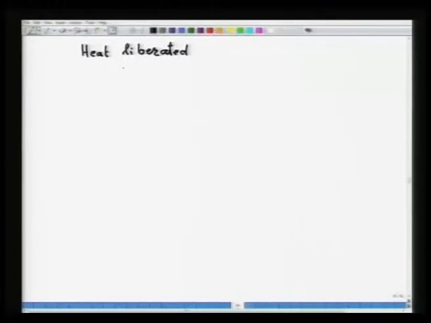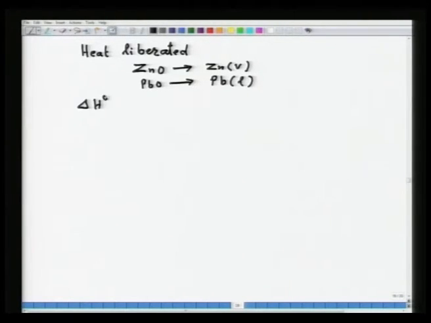So, heat liberated for ZnO to zinc vapor and PbO to Pb liquid, delta H naught 298 for this, given the values, is equal to 562,539 kilocalorie.